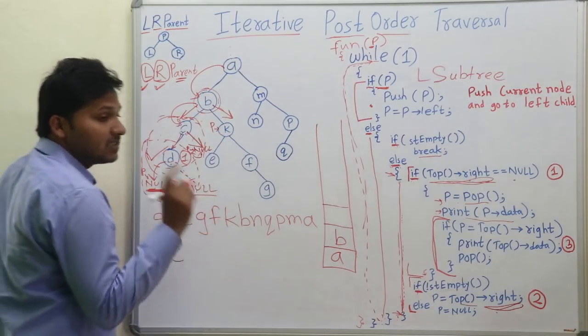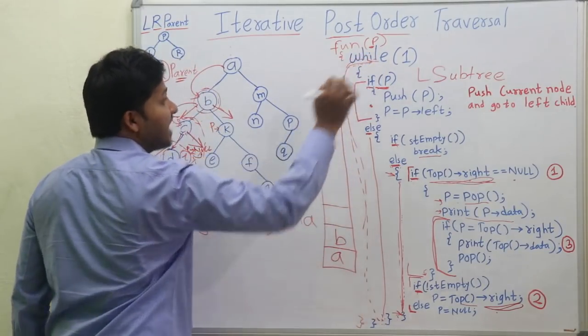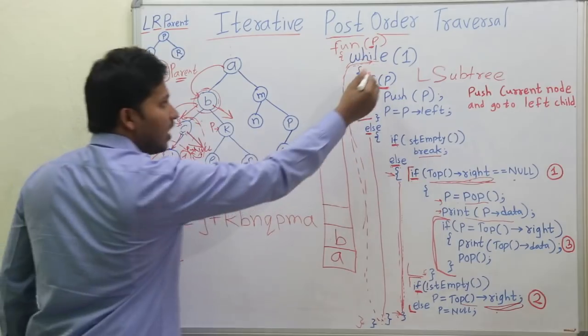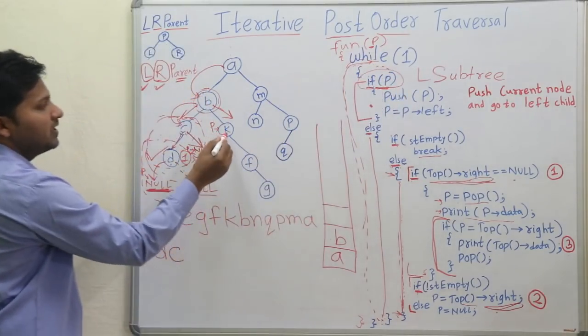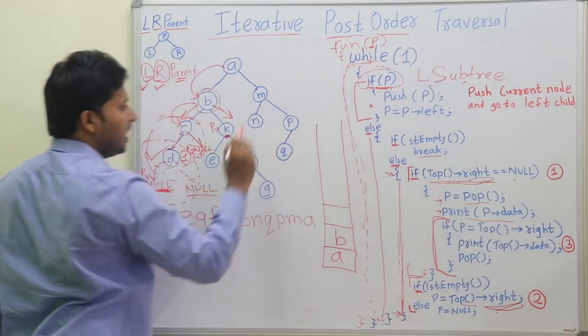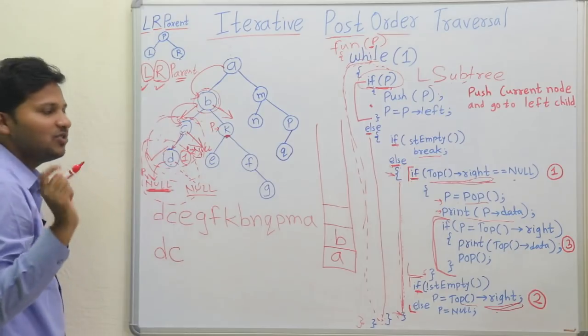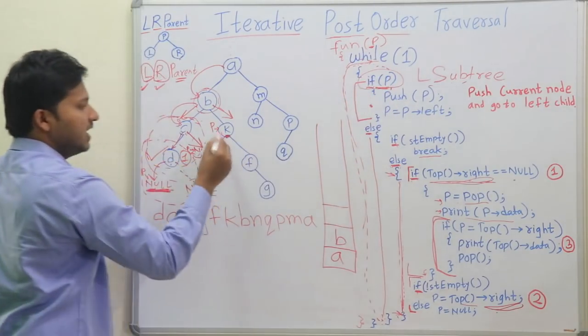Now as P points to some node, in the next iteration P is having some value. Now this if condition will check, if P points to K, then whether the left subtree of K is null or not. Check if P, so yes, K exists.